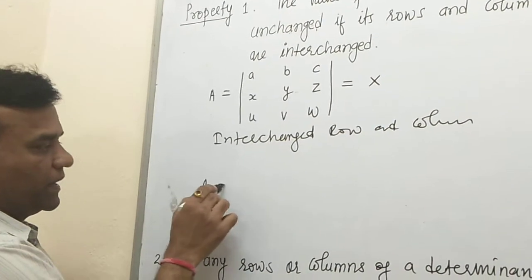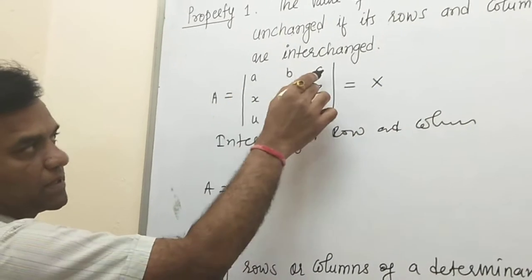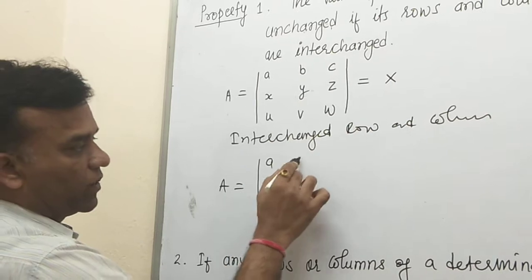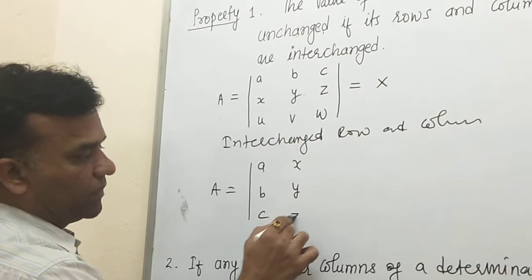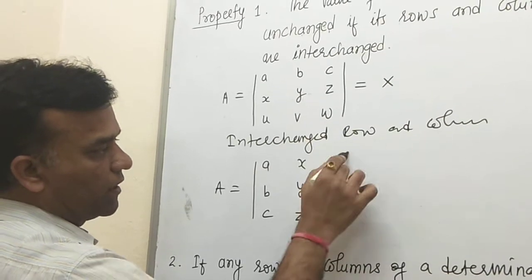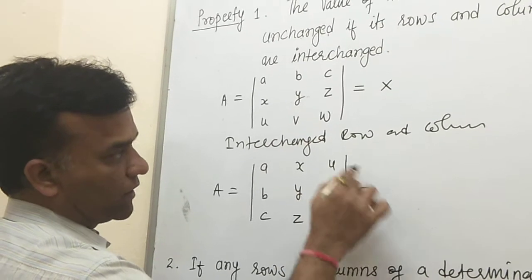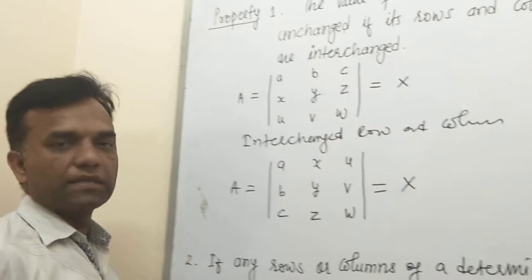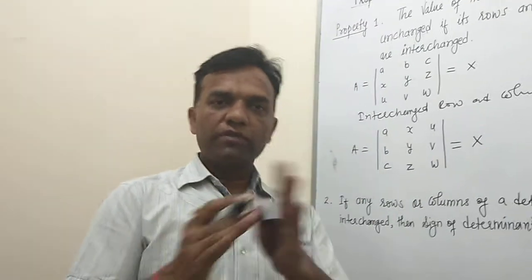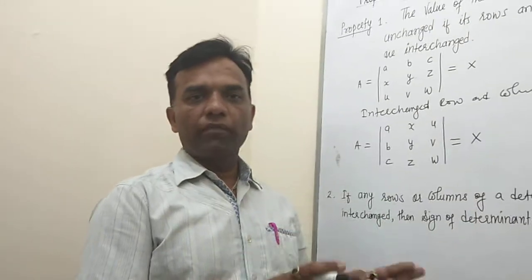So now the first row ABC becomes the first column ABC, the second row XYZ becomes the second column XYZ, and the third row UVW becomes the third column. Then again you solve this determinant, your answer will be X. So if you change rows into columns or columns into rows, there is no effect on the answer. The answer will be the same.